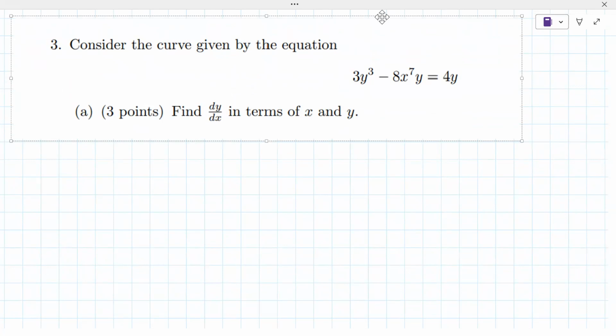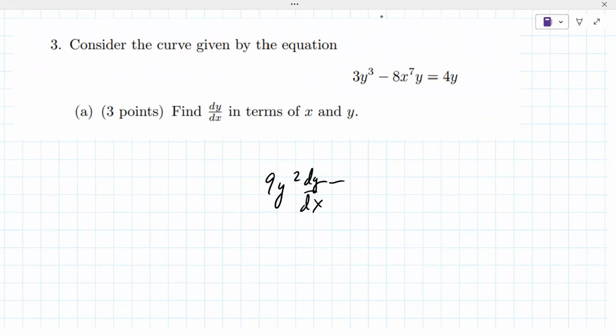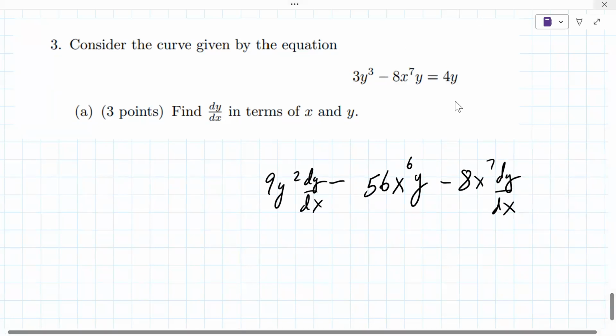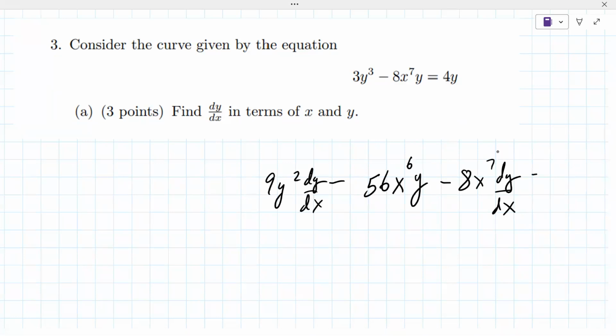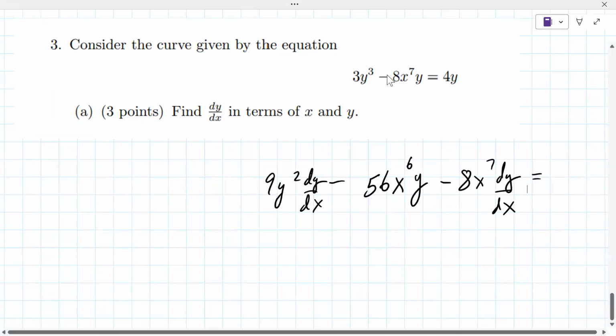So 6y squared dy/dx minus 56x to the 6th, xy plus 8x to the seventh power dy/dx equals 0. Make sure you distribute that negative to both.